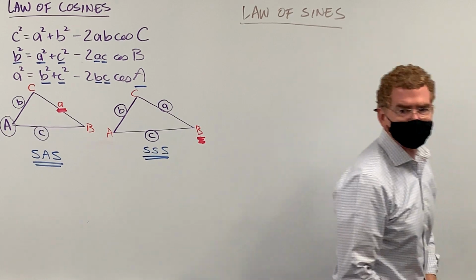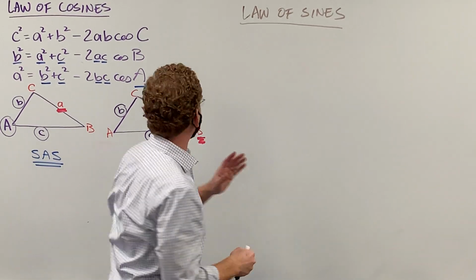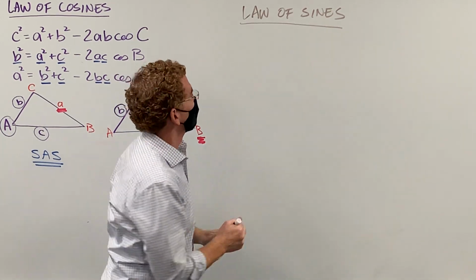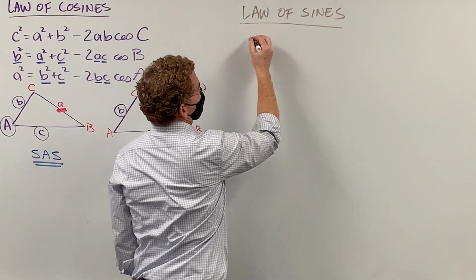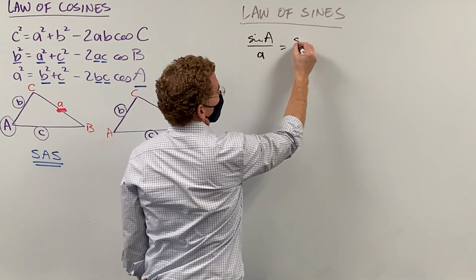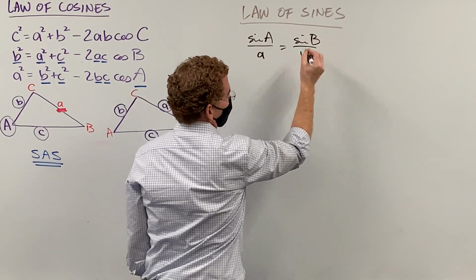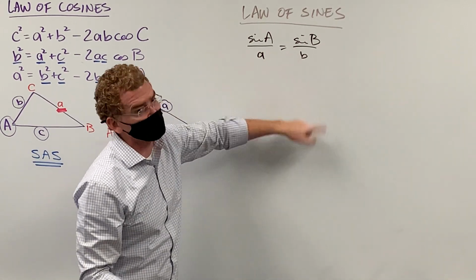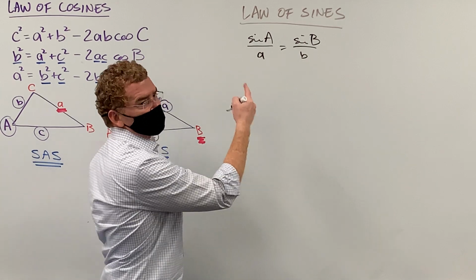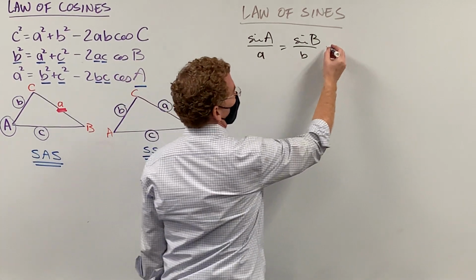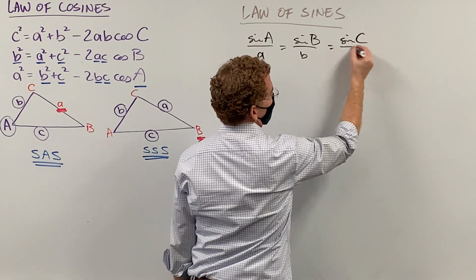All right, so law of sines, instead of writing it in 3 different ways, people tend to write it with just one equation. They could say sine of angle A over side A equals sine of angle B over side B. Then they could write another that says sine of A over A equals sine of C over C, and another that says sine of B over B equals sine of C over C. But instead they just make one big equation to show that relationship.